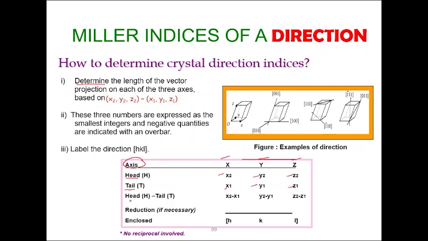And then we use head minus tail like this, and then we need to make a reduction if necessary. We make a reduction when we have a fraction over here. For example, after head minus tail we get 1 over 2, and then we must turn the fraction into an integer. For the last step, we do the enclosure using this symbol. For further explanation, I will show you in the examples.